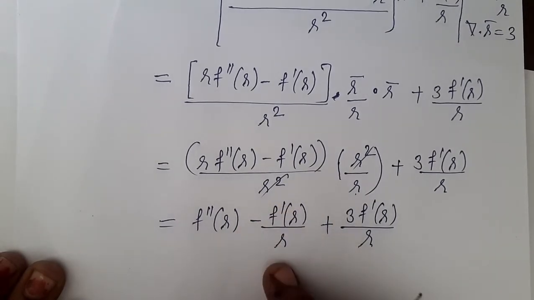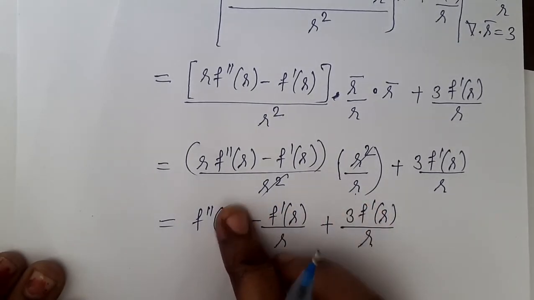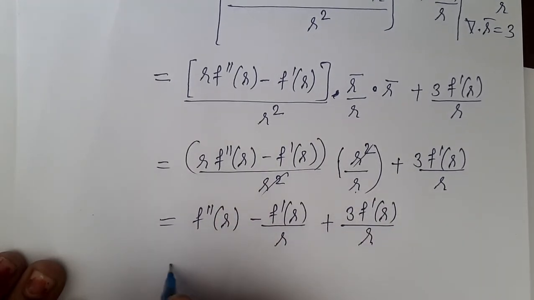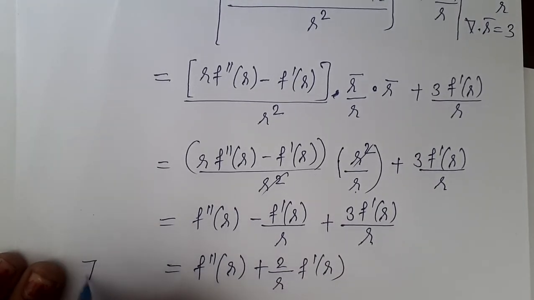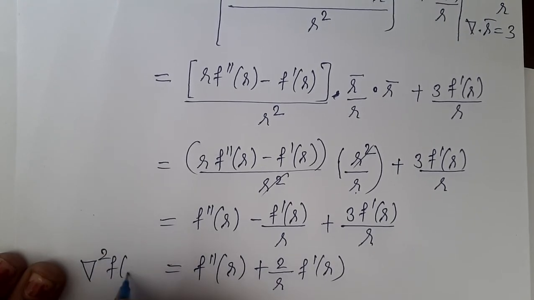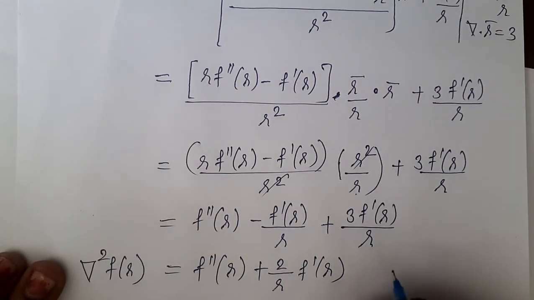So minus 1 by r plus 3 by r, it is 3 minus 1, 2 divided by r. So this is f double dash of r plus 2 by r f dash of r. So what result do we get? Del square of f of r is equal to f double dash of r plus 2 by r f dash of r. Thank you.